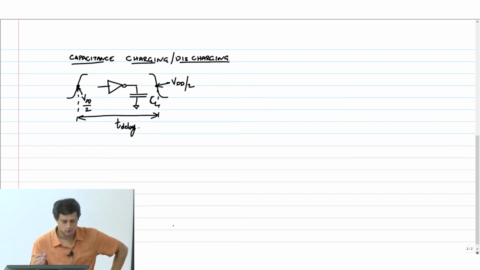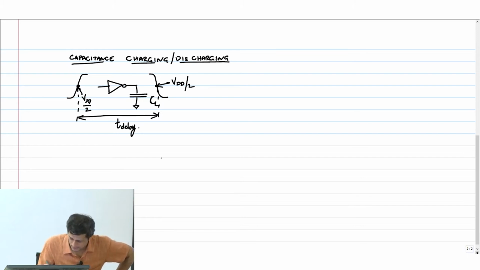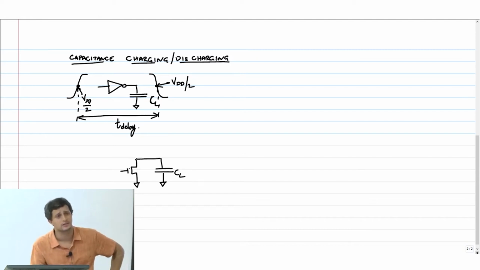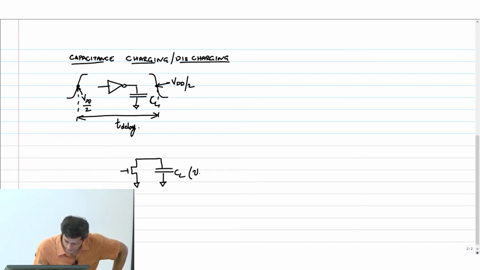Okay. So the simplified picture is, we have a capacitor CL and an NMOS is going to discharge it. We will see why an NMOS cannot charge the capacitor or a PMOS cannot discharge a capacitor. We will look at it later. But for now let's just look at this picture. The capacitor is charged, Vc of 0 minus equals VDD.